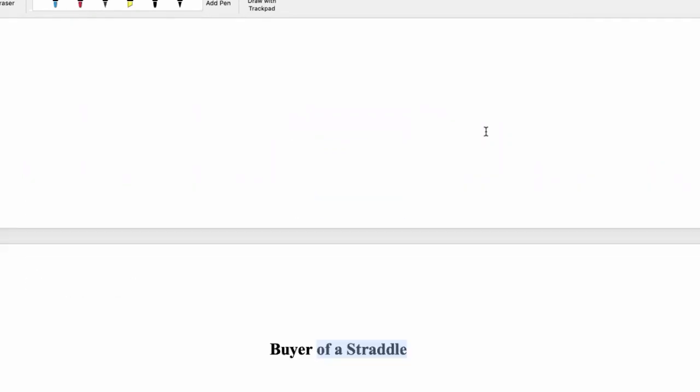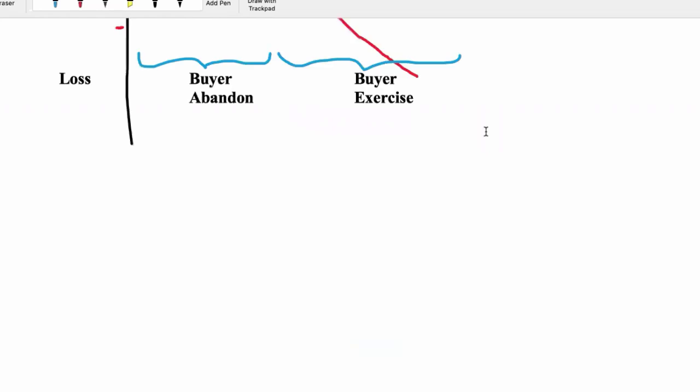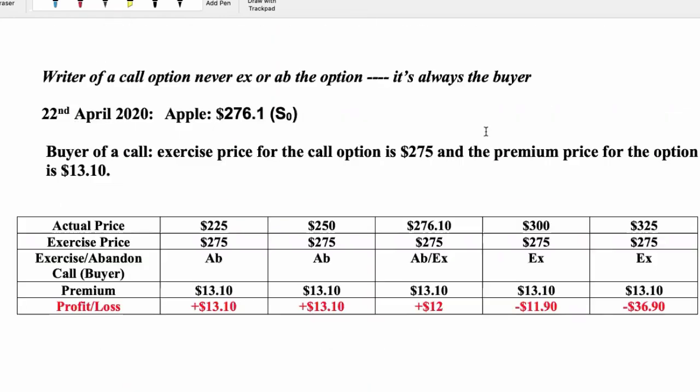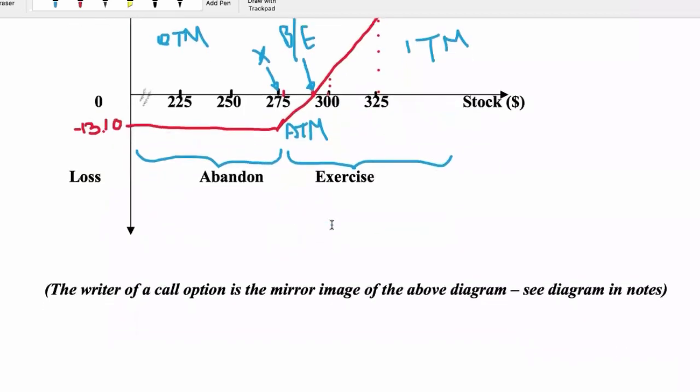And when you're buying calls and puts, as a buyer, you will end up with that red line diagram, potentially with Apple. If it's 275, you don't know whether it's going to go up, so you buy the call and you'll end up with this profit profile here, a straight line. And you're uncertain because Apple could fall.